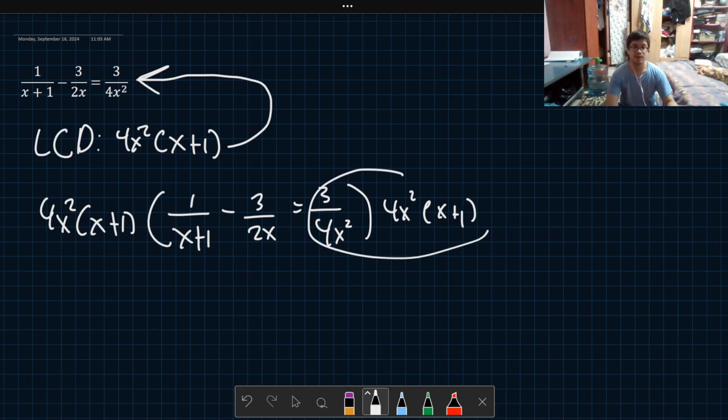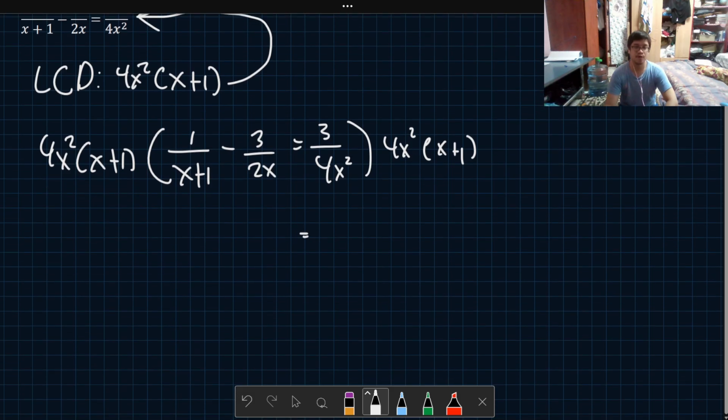Now, let's combine them all together. Let's start first on the right side. Let's multiply the right side first. You have 3 over 4x squared times 4x squared times x plus 1. If you multiply them, it would look like this. You know what I mean? In this case, you can simplify the problem easily.